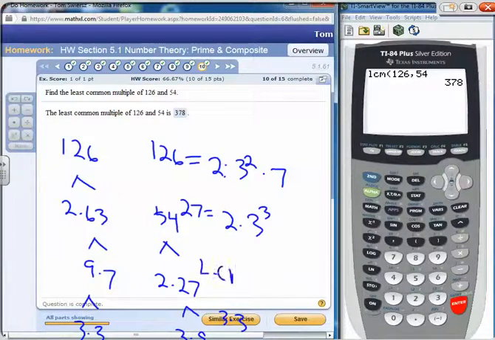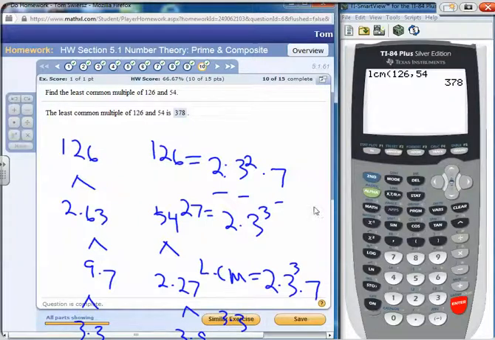So the LCM would be 2 times 3 cubed times 7. Again, we're taking all of the different factors and we're taking the larger exponent. So 2 occurs once in each, 3 cubed is larger, and 7 occurs once. So it's 2 times 3 cubed times 7.